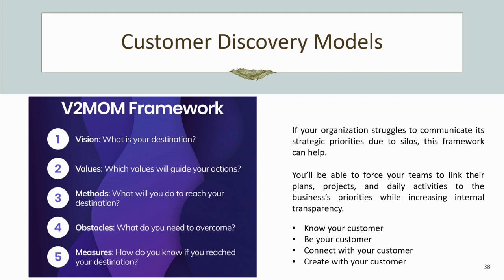Then obstacles, the fourth part. How can you overcome these obstacles to achieve your vision? What are the challenges, the problems and issues during building that particular process, between you and maybe between your teams?